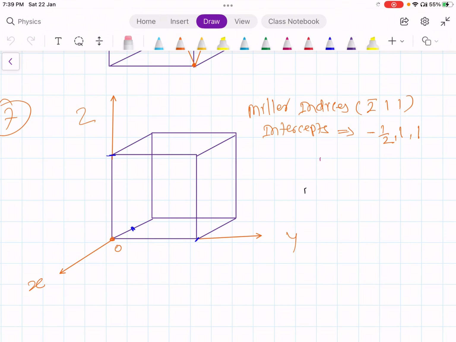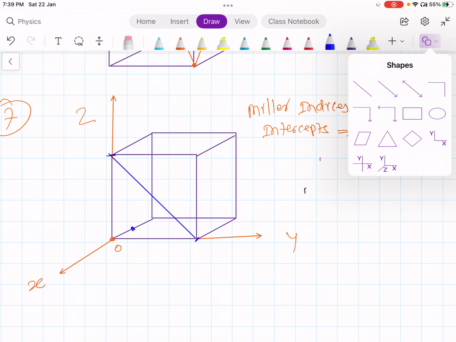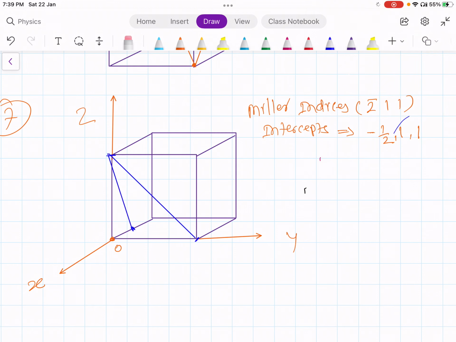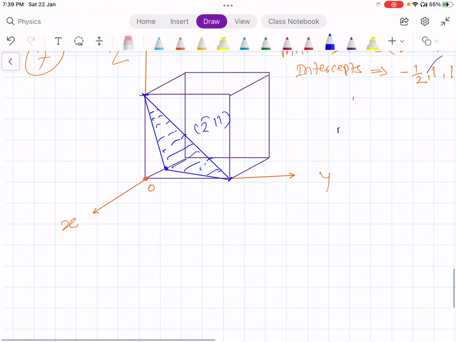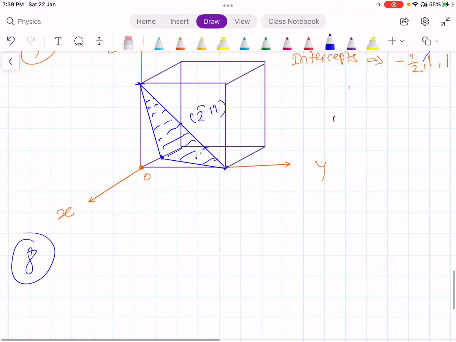Let's join these points. So this is the plane, which is bar 2, 1, 1. That is seventh plane.